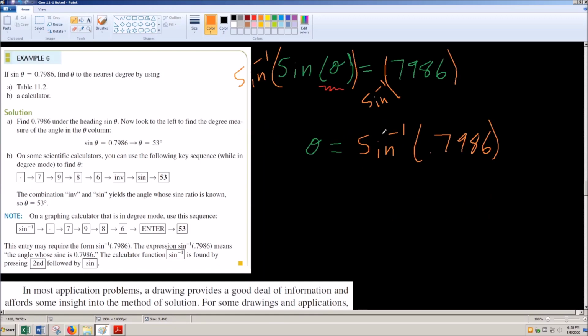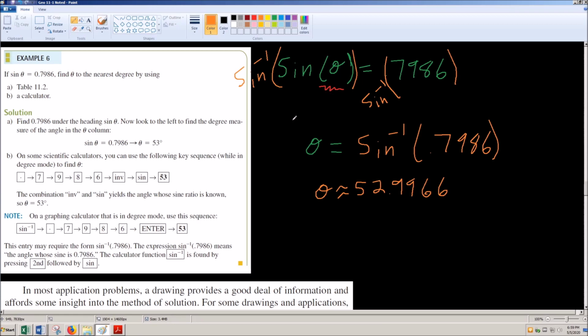When you do that, it will spit out an answer for you, which is theta equals, and typically I'll write approximation because it's not exact, but close enough. 0.7986 gives us 52.9966, which if we're rounding to even the hundredths place, we're just going to round to 53. So that is how we would find our theta value.